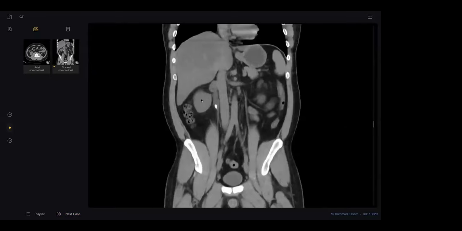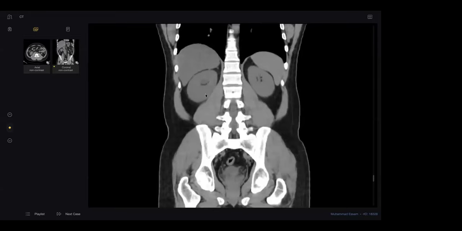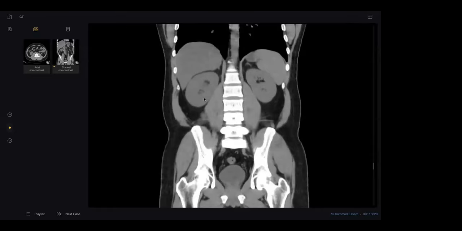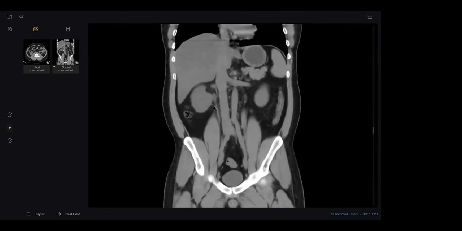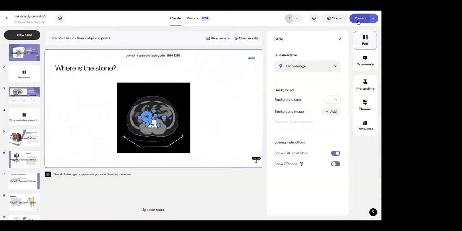That's the stone. And if we look at the scan again, you can see the right kidney is much bigger than the left kidney. To be fair, in this one it's more subtle, but you can still see it's bigger. So that's another right kidney stone.